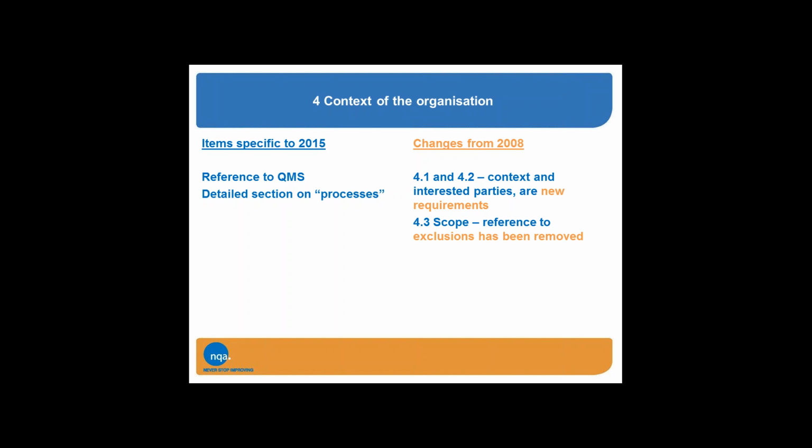Certainly the term exclusions is no longer used, although there is an allowance made that if any of the standard requirements are not relevant to your organisation, in other words, they don't impact the quality of your product or service, you can indeed exclude them, but it's simply the terminology that's not there.